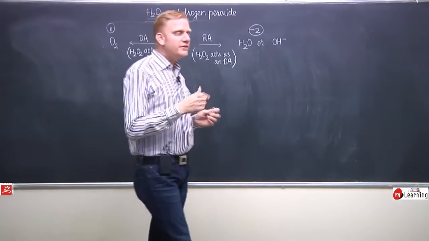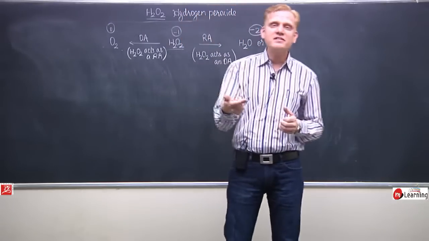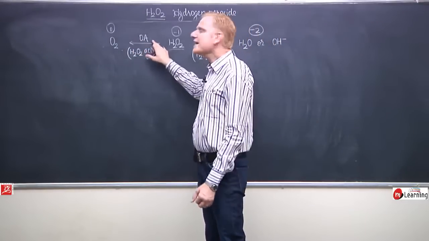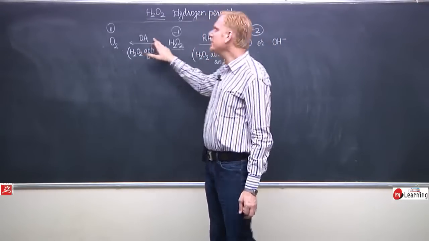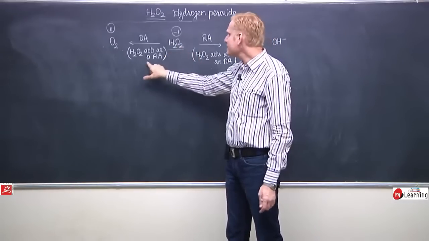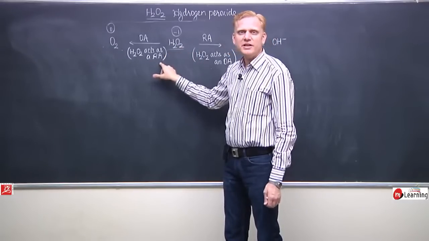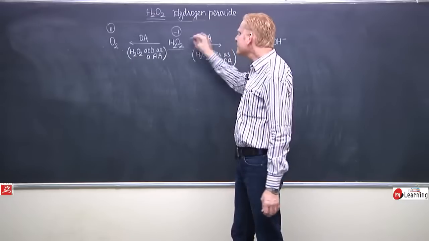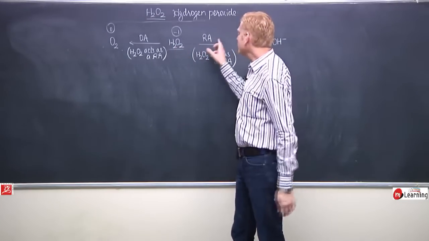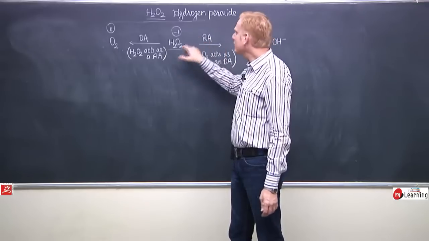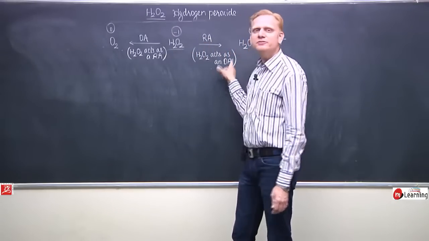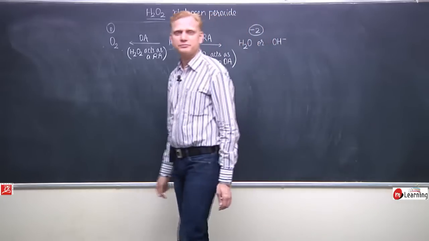But it will always depend on the reacting species, because strong oxidizing agents will automatically make hydrogen peroxide behave as a reducing agent. If I have placed some reducing agent along with hydrogen peroxide, naturally that strong reducing agent will bring the hydrogen peroxide in the form of an oxidizing agent.